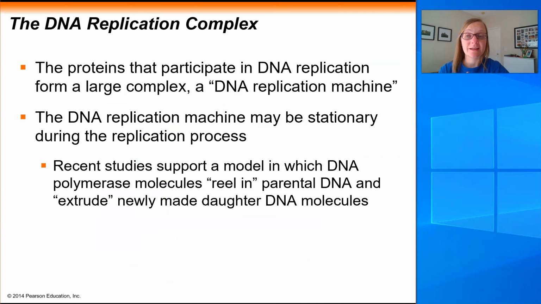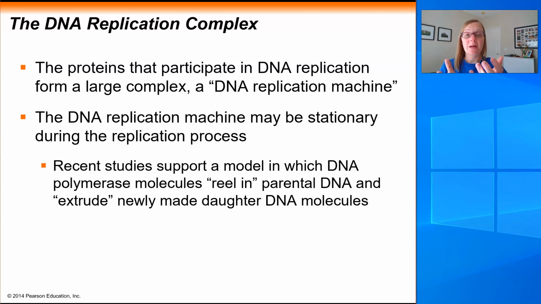And then lastly, the way that DNA replication has been presented to you in the animations and in the pictures from your text, it seems like the DNA is stationary and all the proteins and enzymes come in, do their job, and then leave. What we now know is that it's actually a little bit different in real cells. In real cells, it seems like the proteins make a big machine.